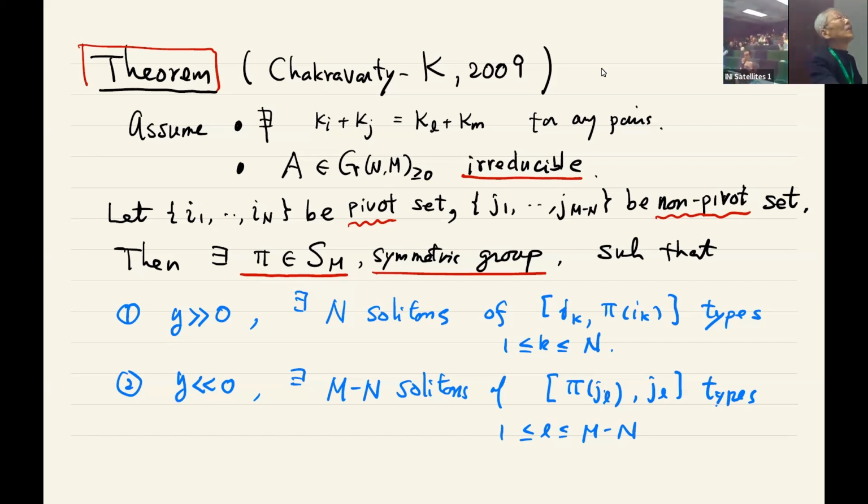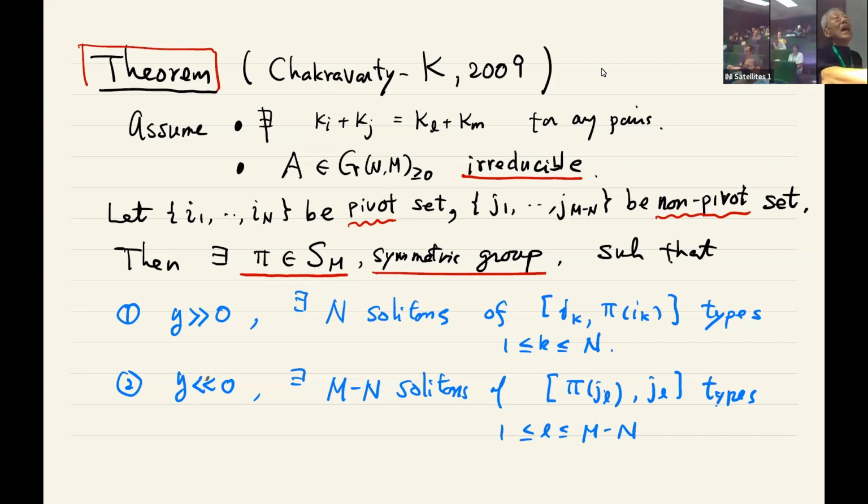So anyway, irreducibility is not really an issue. Let I1 to In be the pivots and J1 to J_{m-n} the non-pivots, right? And then for y positive, I'm talking about the soliton graph. Asymptotically, as y goes to large positive, you observe n solitons, the same as this size n.